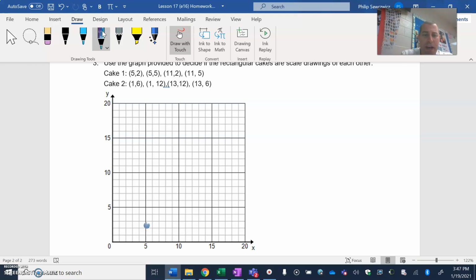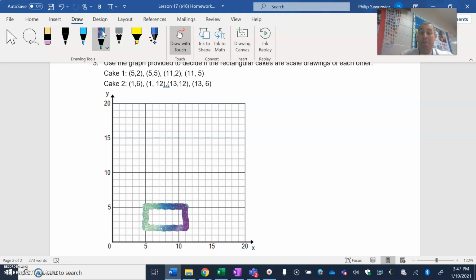I've got the ordered pair 5, 5. So I'm going to go to the right 5, up 5. There's another one. The ordered pair 11, 2. So I'm going to go to the right 11 and then up 2. All right. And then the last one there for cake 1 is to the right 11 and up 5. So we've got ourselves a nice little rectangle that's working here.